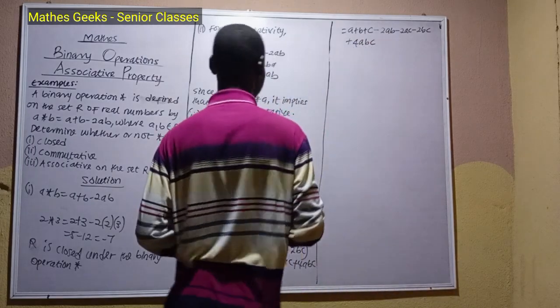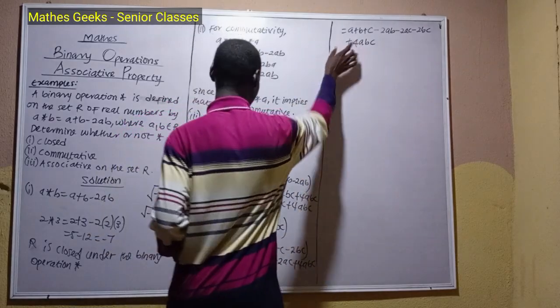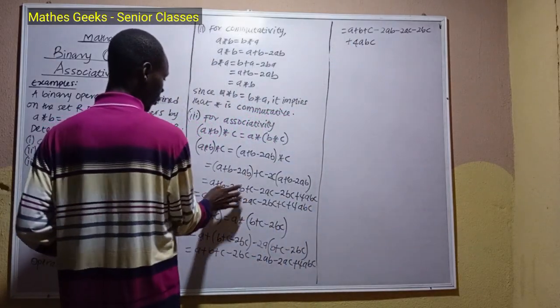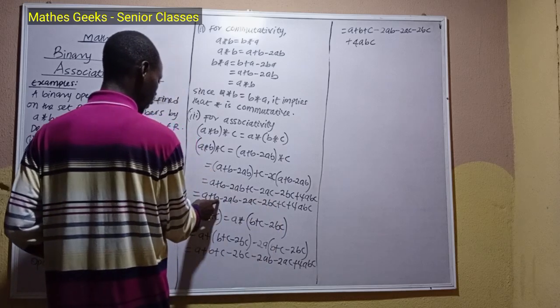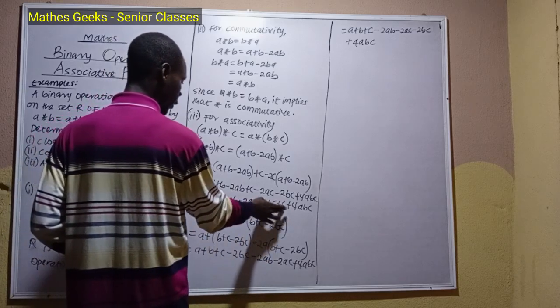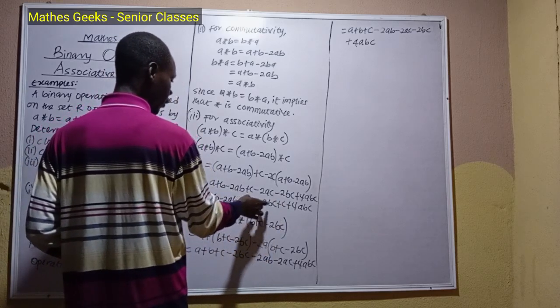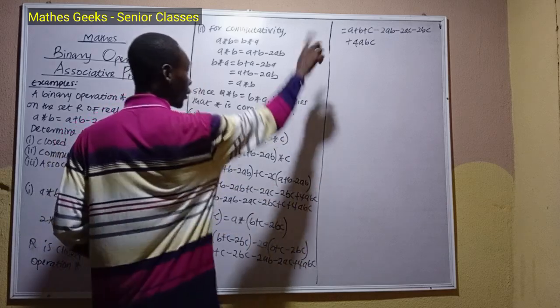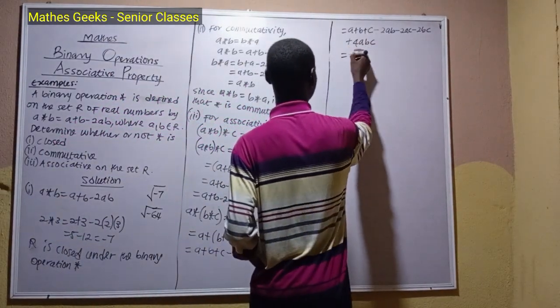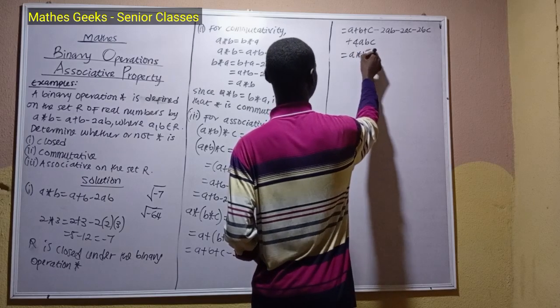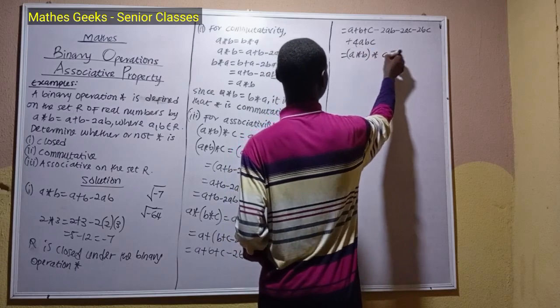If you compare, you discover that this part is the same as the previous part, only that in this case I wrote my plus C here. That's what you have here. So this part is equal to A star B star C.